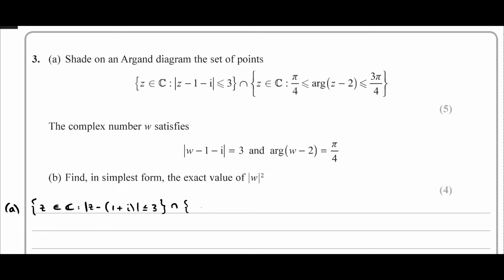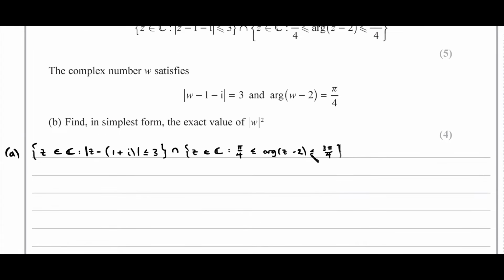And then for our second one, for a set of complex numbers where we have the argument of z minus 2 being greater than pi over 4 but less than or equal to 3 pi over 4, we will notice over here we have a circle with center 1, 1 and radius 3, and here we have a half line.